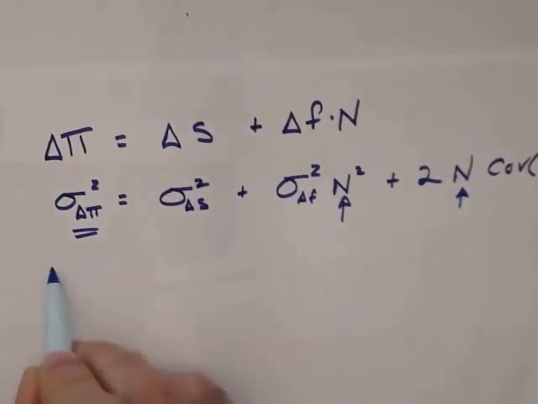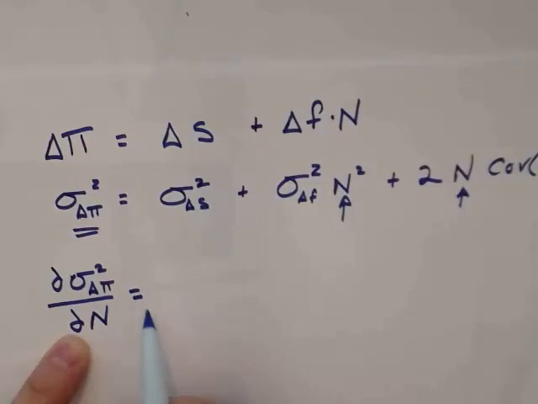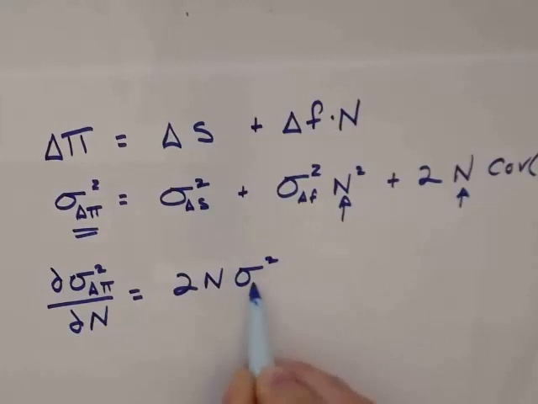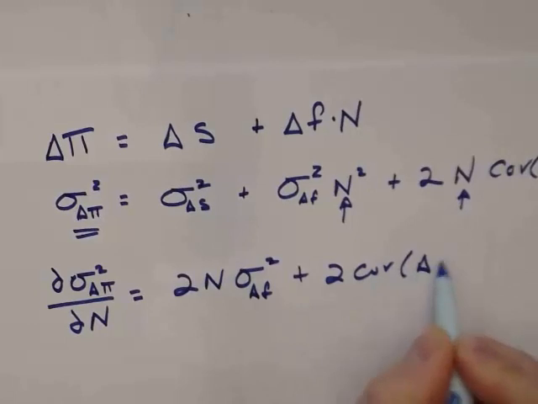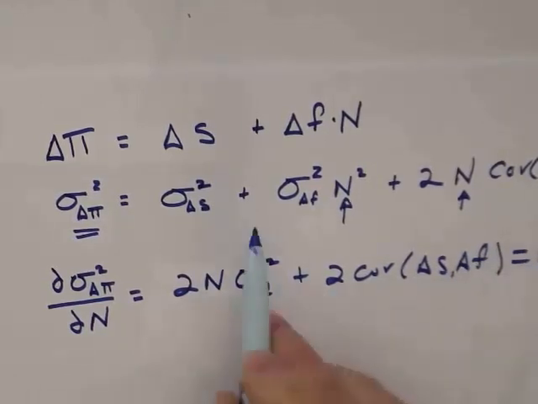We look at how the change in your profit changes for a change in the number of futures contracts. We want this change to be zero because we want to find the optimal number of contracts. So that turns out to be 2n σ squared of the change in the futures, plus 2 times the covariance of the change in the spot and the change in the futures. And we're going to set that equal to 0. All I'm doing is taking first derivatives and setting them to 0.